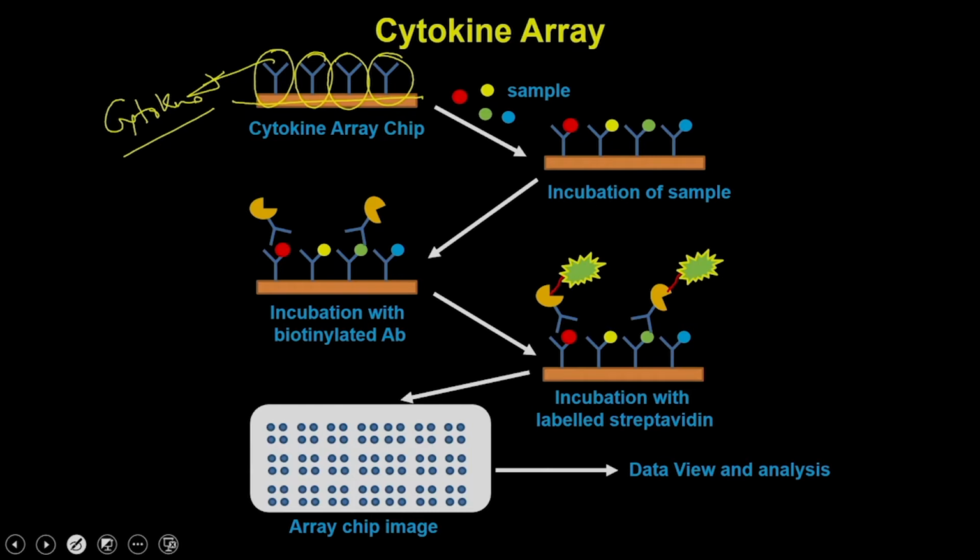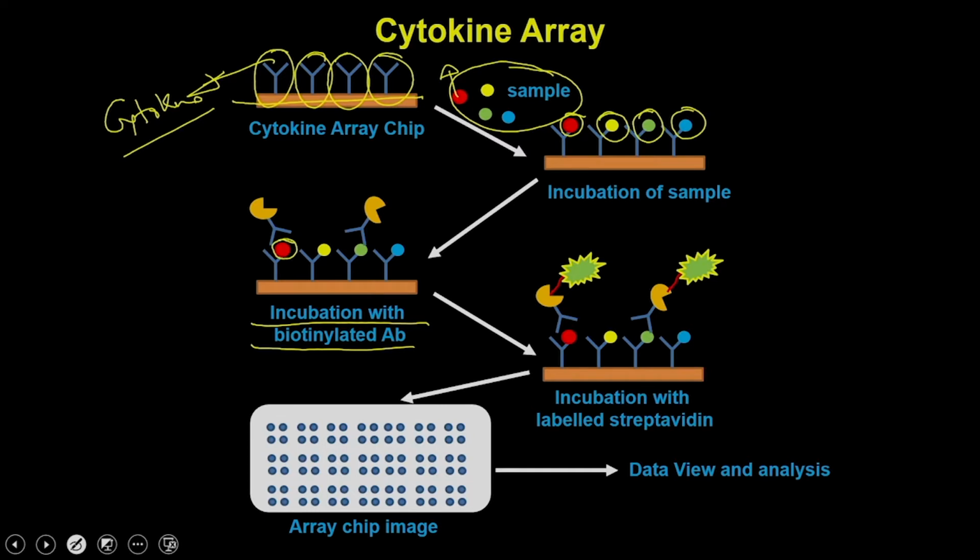Once you add the samples, which contain the different cytokine molecules, they will bind to their respective antibodies. Once you are done with this, you do a washing, and then you add the biotinylated antibodies. These biotinylated antibodies are also monoclonal antibodies, and they are also against the particular cytokine.